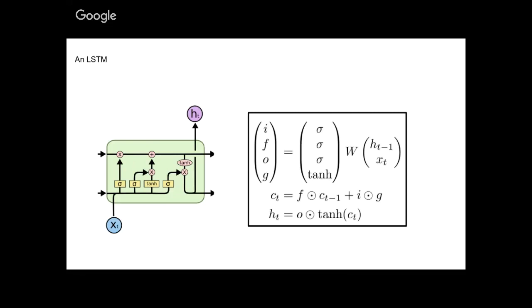Each one is the ignore. I is ignore, right? So the tanh generates candidates to select. Yeah, this is the selection gate, right?